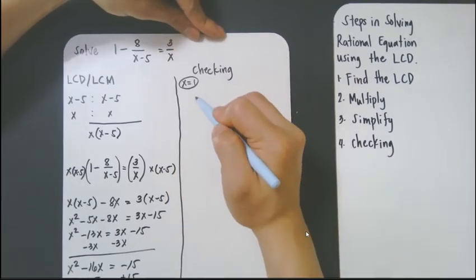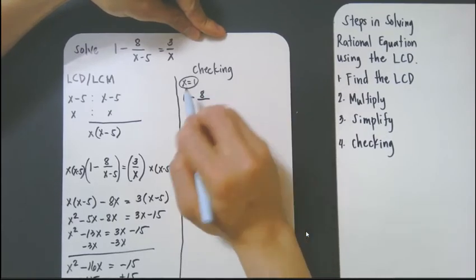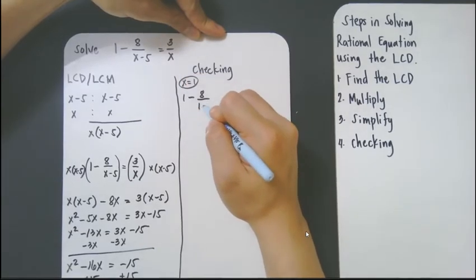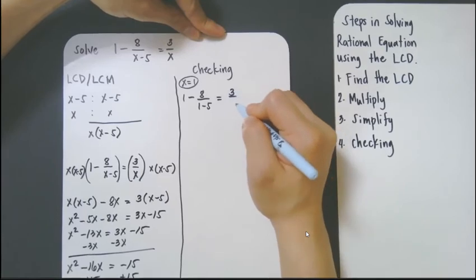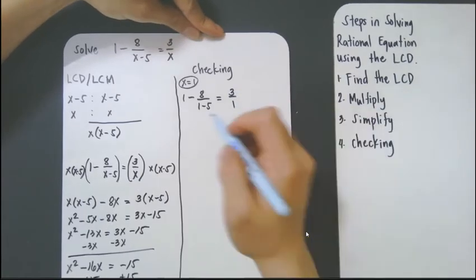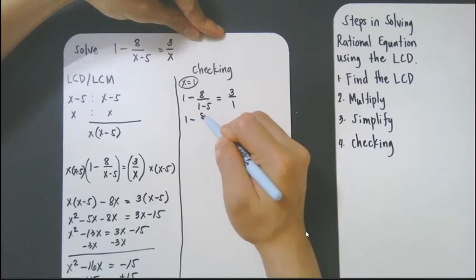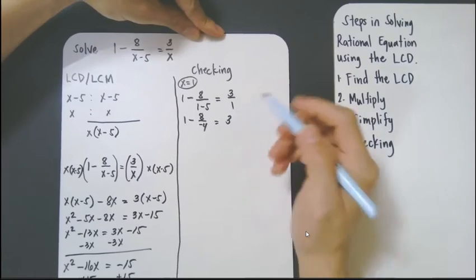So we have here 1 minus 8 over, I just need to change x to 1, so 1 minus 5, is equal to 3 over 1. Simplify, 1 minus 8 over negative 4 is equal to 3 over 1 is 3.